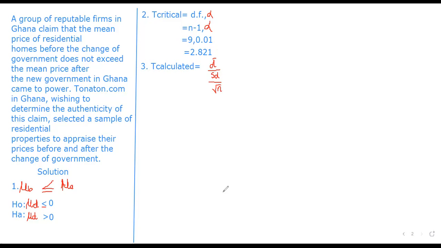So this way I need the info. Start with after, so that when you are subtracting, it won't be difficult for you. Then you get your D here, Di.